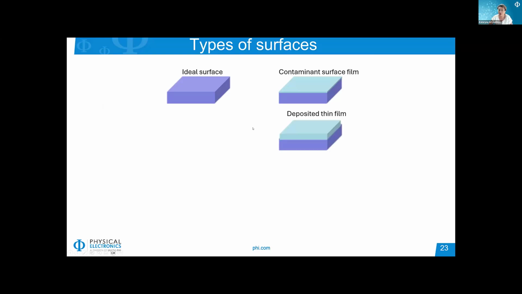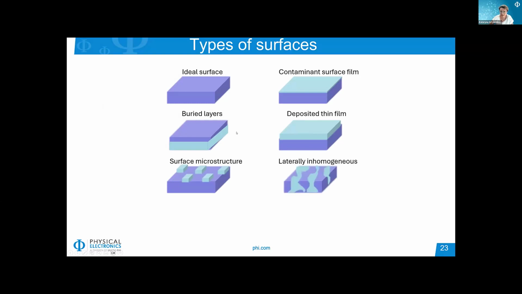You can deposit a film as a part of your design. You can have a buried layer that you're interested in analyzing. You can create microstructures as a part of your design, or the sample can be inhomogeneous. The surfaces can be rough, or they can be particles.